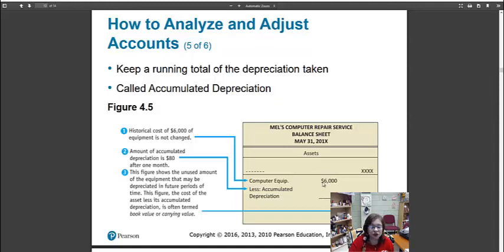So your computer equipment historically is still $6,000, but now in your accumulated depreciation, you're taking out the $80. So now what you're doing is you're carrying the book value of your equipment to show that it's now only worth $5,920.